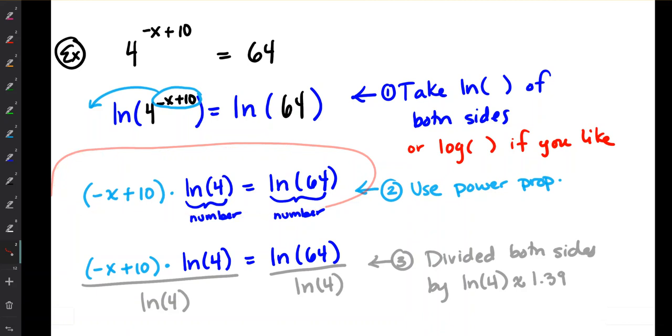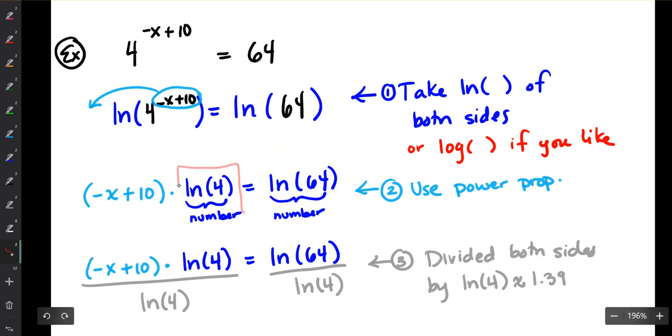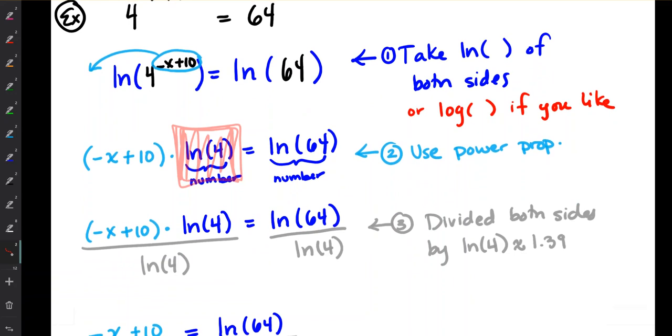You do those inverse operations to isolate your variable, your x. The thing that is overwhelming here is that ln of 4, that's all one big object. It's one number. Treating it like that takes some practice, but that's it.